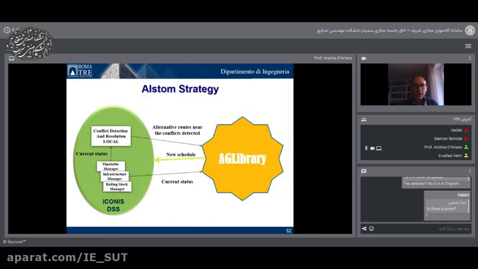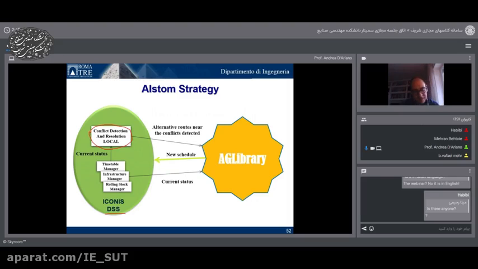Let's see now an industrial project in which we used the AG library. This project was, as I told you before, with the Alstom company, and they had their own decision support tool to optimize traffic flows. But the local solver, the local conflict detection and resolution, was quite weak.